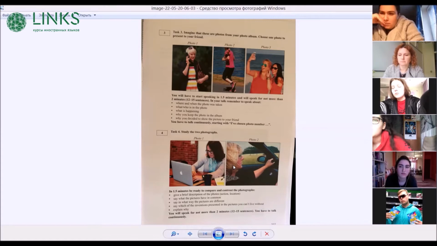The second photo shows us a woman who is driving a car. She might be going somewhere, as we can see landscapes in the background, and she might also be using an online navigator.